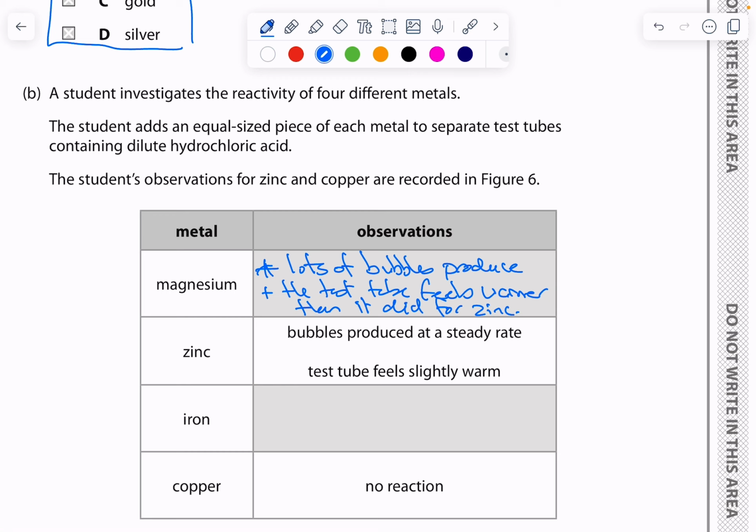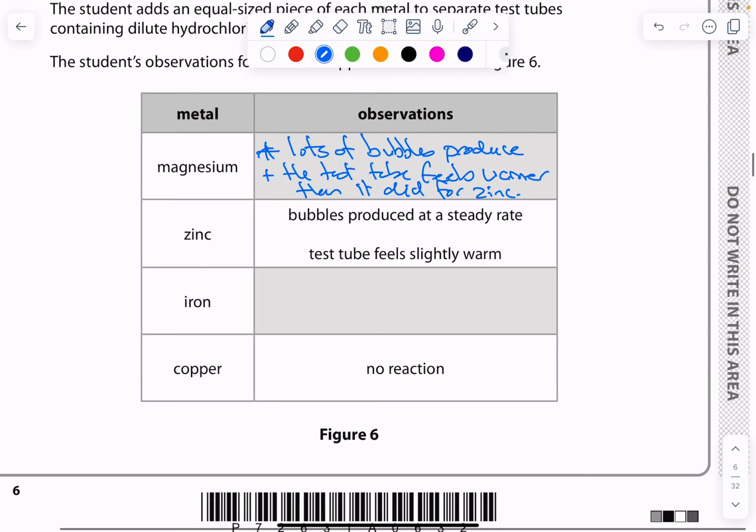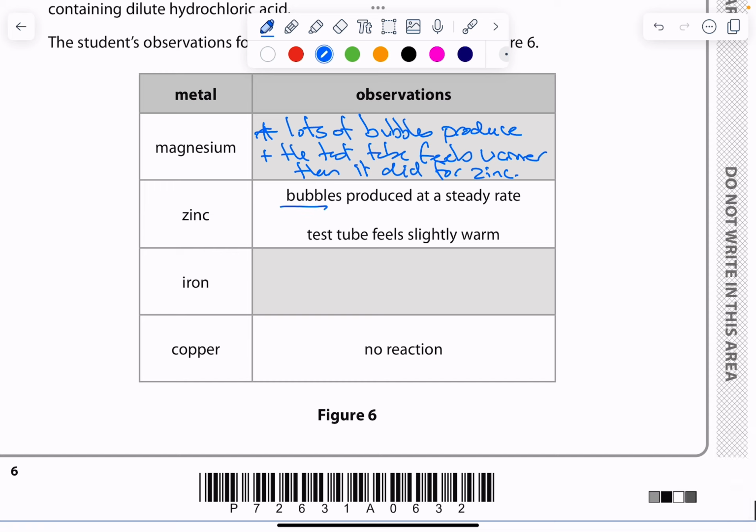Okay. Now iron, back to our series, sits in between the two, so I need something that matches this but is less reactive than this and more reactive than this, and we know that iron will react. So here I'm going to put that you'll get a few bubbles to show that it's more reactive than copper but less reactive than that.